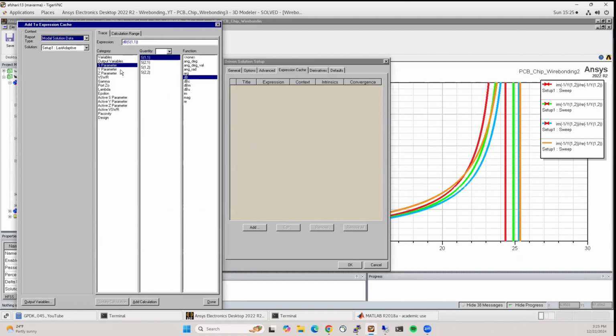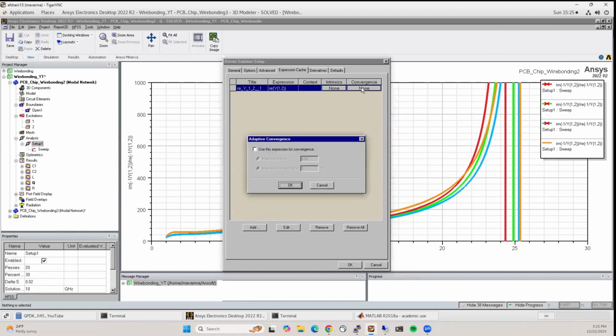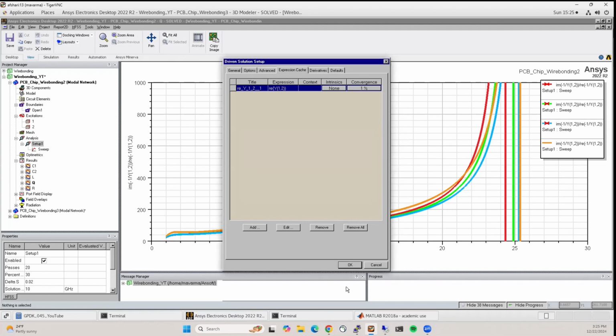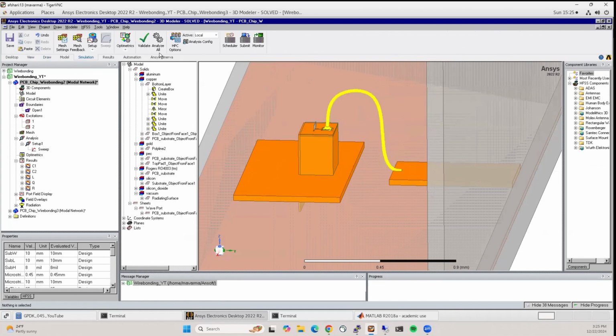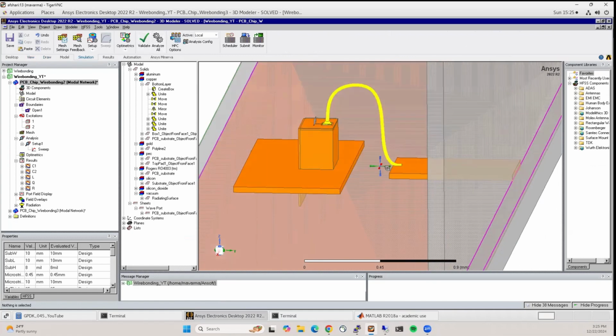So I can set, for example, the real part of Y12 to converge. Add calculation, go to convergence and say use this expression, and you can set the convergence to 1%, and that'll change the results a little bit, but it'll take a longer time to simulate. So that's something to keep in mind when you want more accurate results, right?